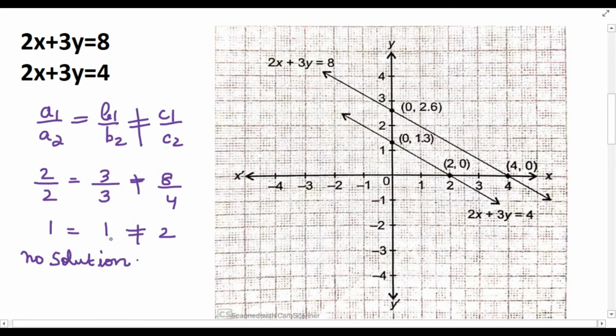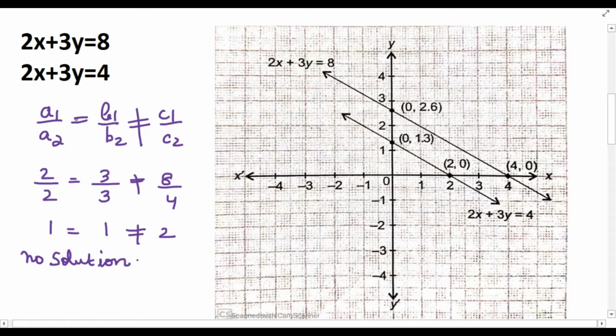Now we can generalize that if the graph of a pair of linear equations in two variables is two parallel lines, then they are inconsistent and have no solution. So looking at the equations, we can say whether the graph will be parallel or intersecting lines.